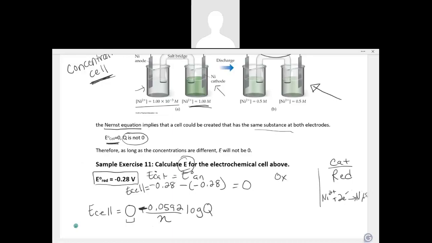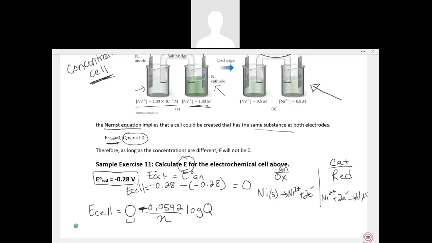At our anode, where we have oxidation, we're going to see the opposite. Solid nickel is going to lose some electrons, turning into Ni2+ and 2 electrons. So these are our oxidation and reduction reactions.